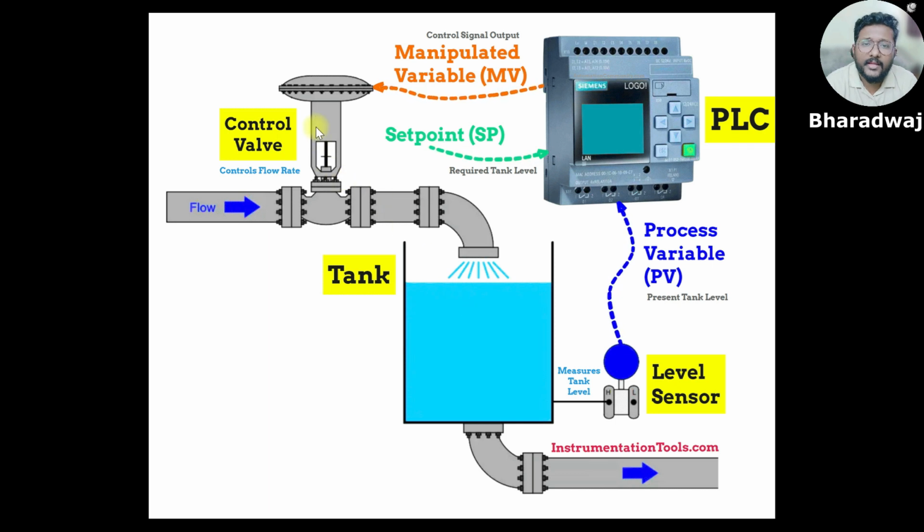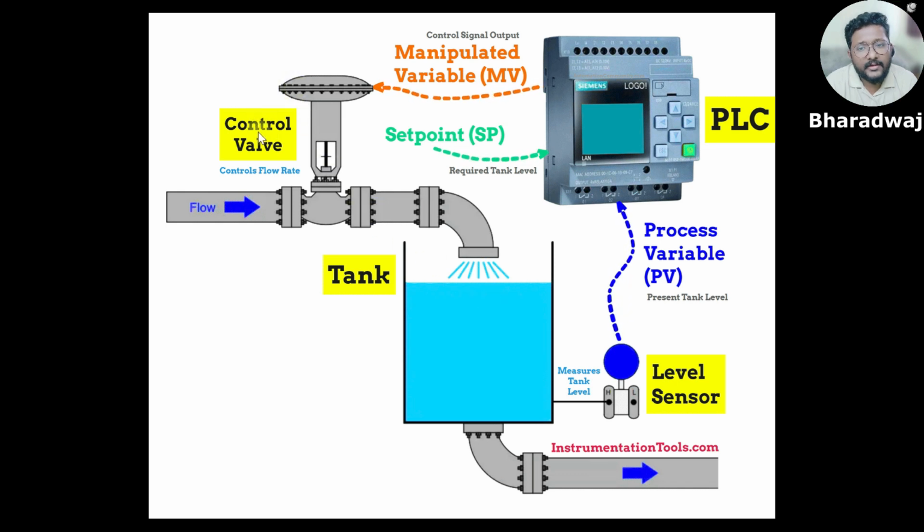Let's say my control valve is 50% open. That means we are allowing only 50% of the flow through the valve and 50% of the flow will reach the tank. Let's say I open only 10% of the valve. That means I'm allowing only 10% of the flow to reach the tank.